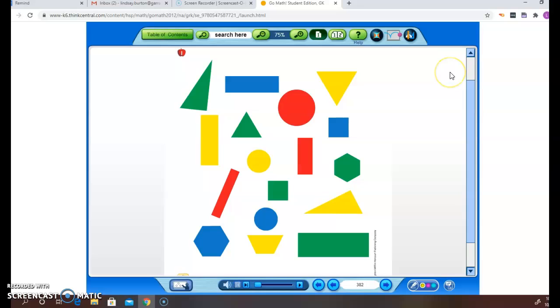And if it does, it's a rectangle. But if all the sides are the same, it's a square. So I want you to look through this page of all these shapes, and I want you to put an X on every shape that you think is a rectangle with 4 sides, 2 short, and 2 long.